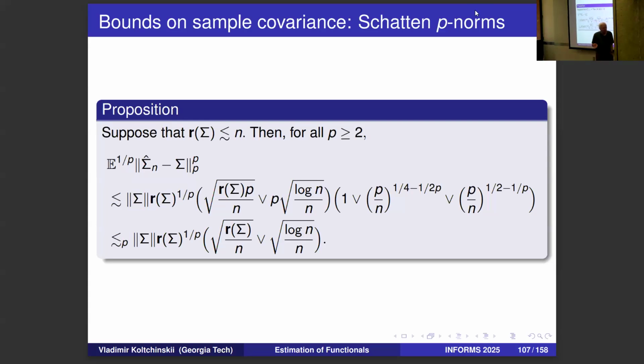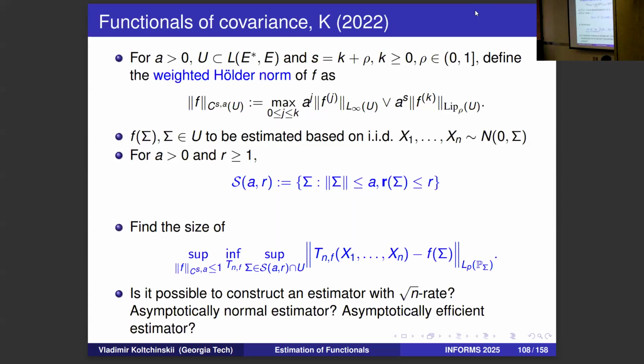There is some term with a logarithm. I'm not sure that it's needed, but it's probably related to the proof. The proof is based on the so-called non-commutative Khinchin inequality, and usually when you apply this type of inequalities, you gain such logarithmic terms. So maybe there is another proof that does not require this, but it was not important for the application that I am looking at.